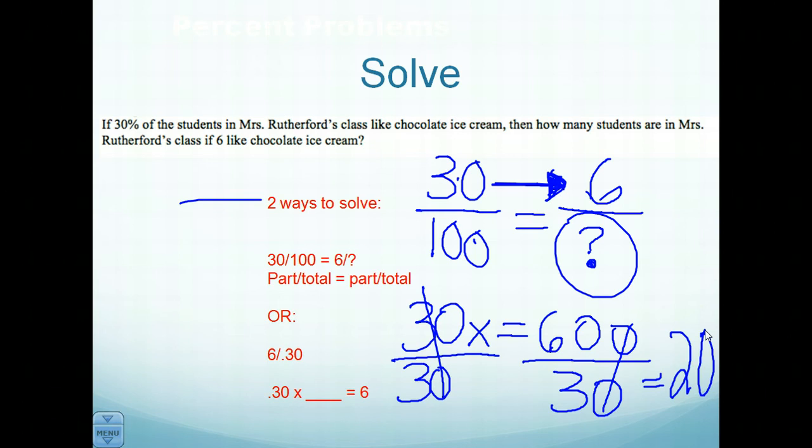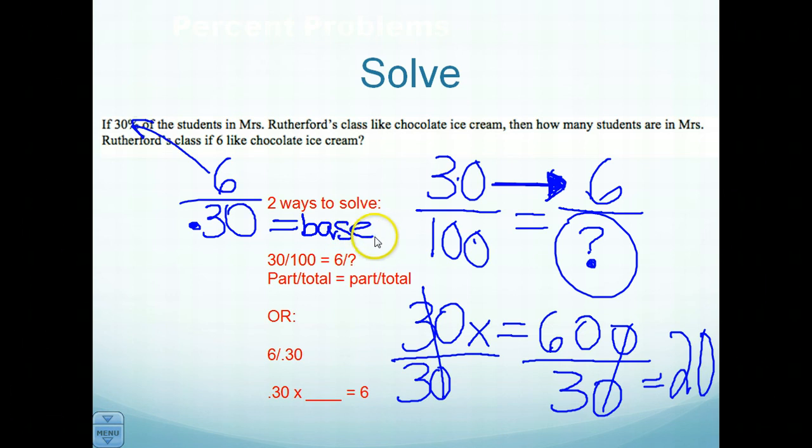Now, you could do it that way, or you could do it this way, where you put the 6 as the numerator. 6 kids like chocolate ice cream. But what does the 6 represent? The 6 represents the 30%. So you divide 6 by 0.30 to get the actual amount, which is 20. When you do this, you are going to notice that the 0.30 is the base.